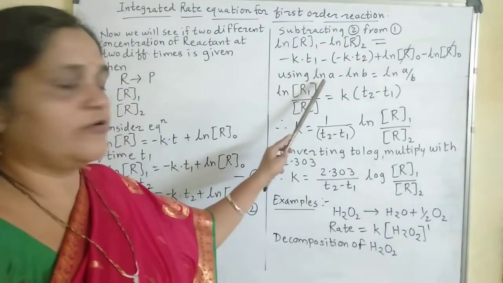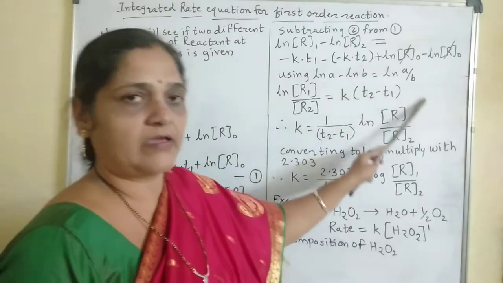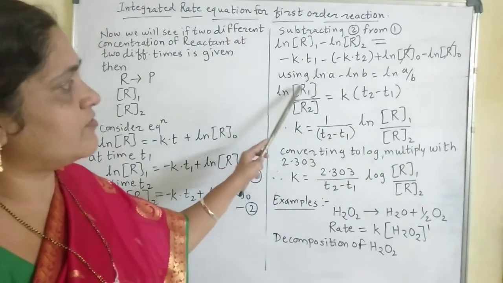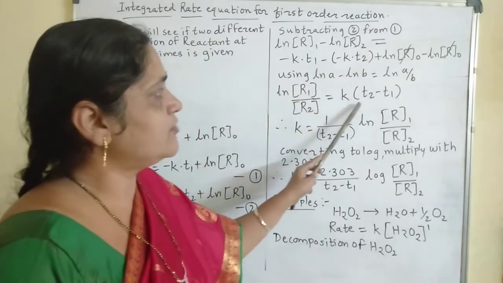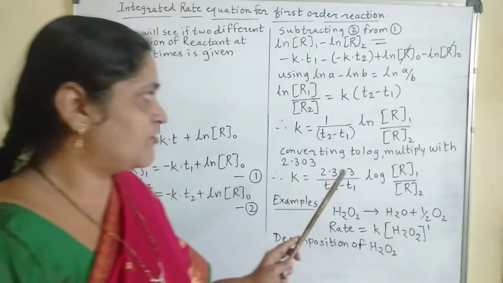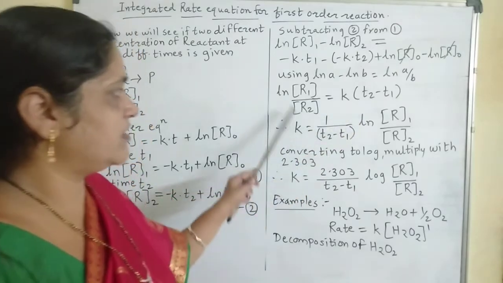And now again we are going to use the formula ln of A minus ln of B is equal to ln of A upon B. Therefore, the equation will become ln of R1 upon R2 is equal to K into t2 minus t1. Now, if we want to find the value of K, the rearrangement will be done this way: t2 minus t1 we are taking to this side.